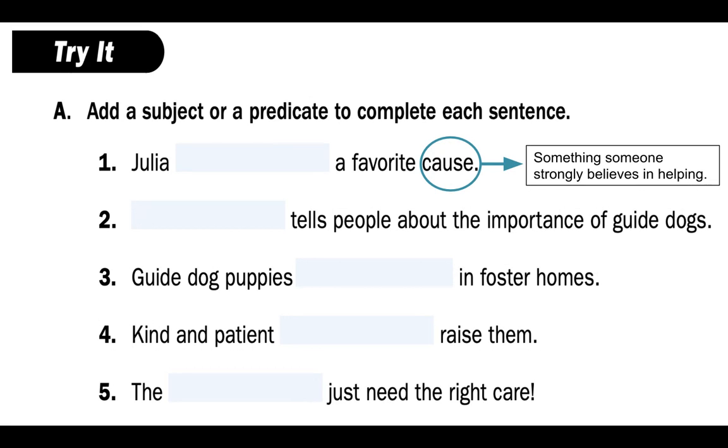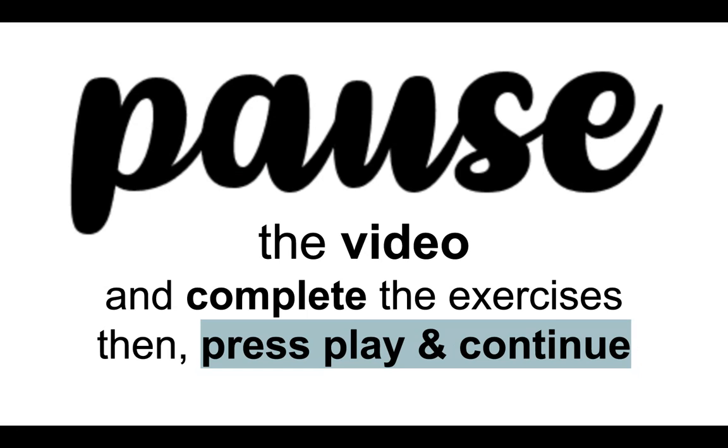And these sentences are about Julia's favorite cause, which is helping programs that develop and pair people with guide dogs. Pause the video and complete the exercises, and then press play to continue.